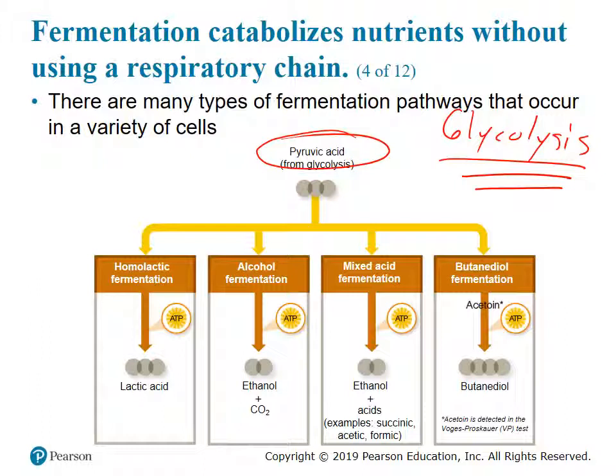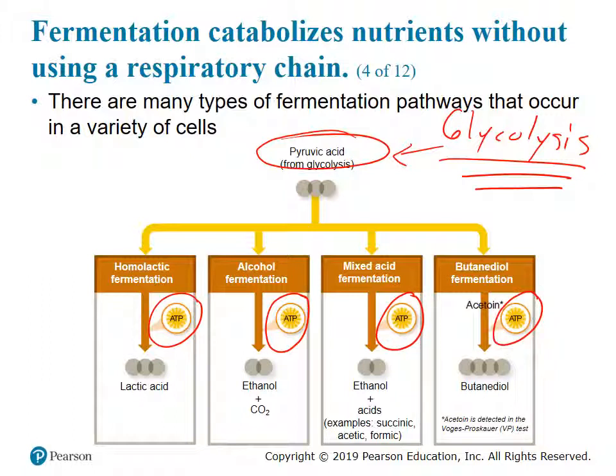And glycolysis then produces pyruvic acid for the organism. In the process of fermentation, that pyruvic acid, depending on what type of fermentation process, can be used to make ATP for the organism.